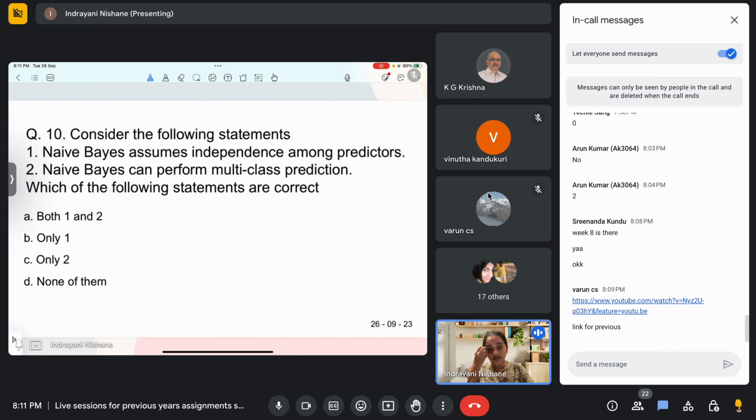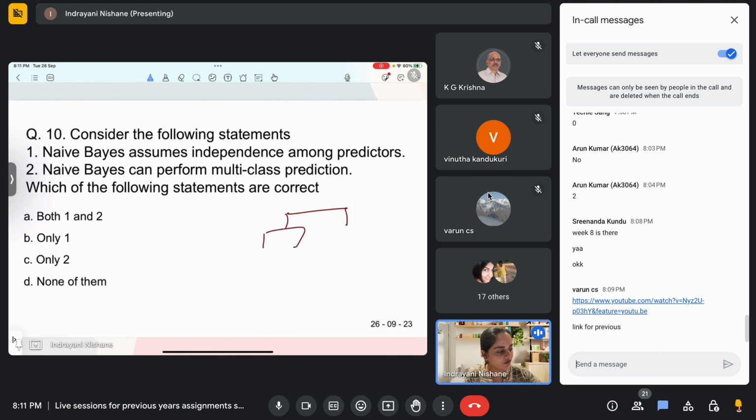Okay, why do you think the second one is not correct? Yeah, that's true, you're right. The second one is also correct. Bayes is not necessarily binary. We can use it for multi-class classification, like any decision tree.